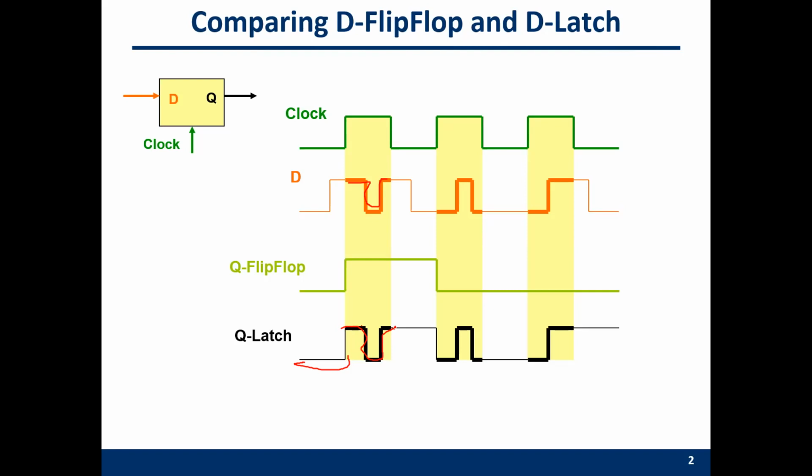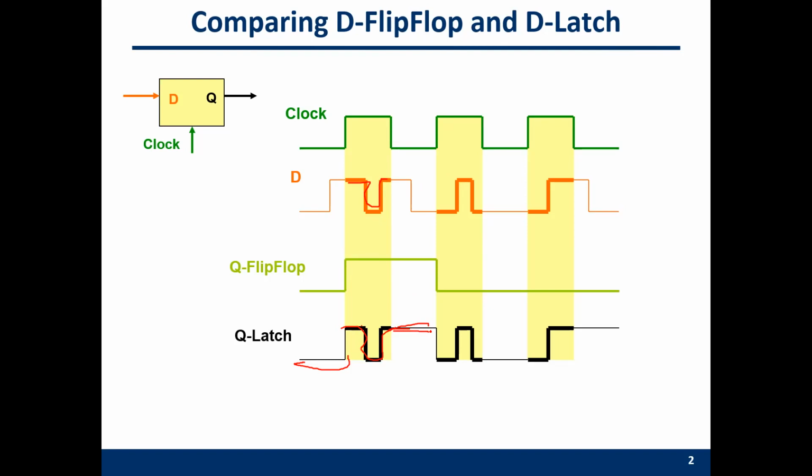If the clock is low, it holds the last input. For example, the last input here is high, then this latch holds the high signal when the clock is low.